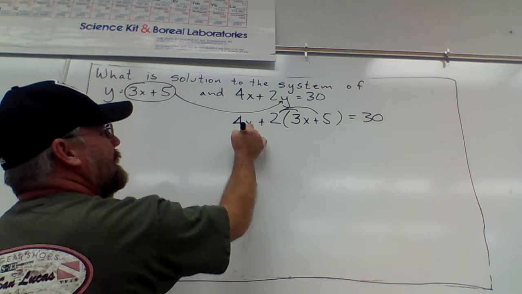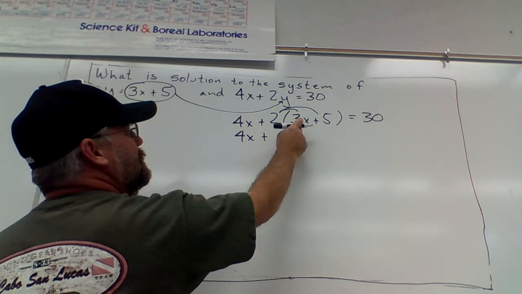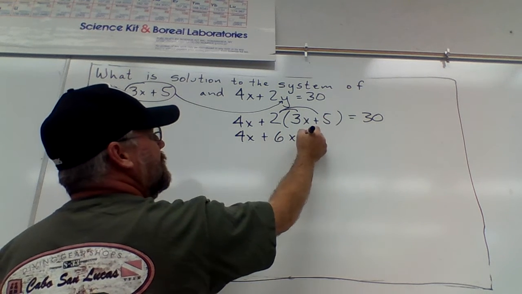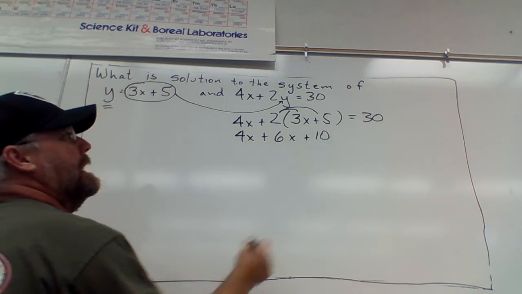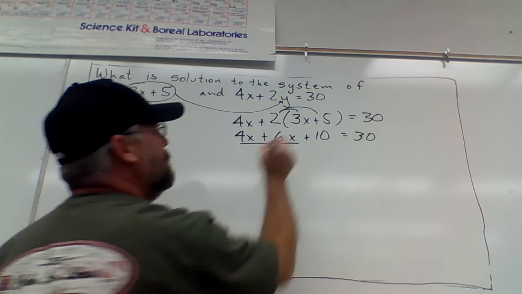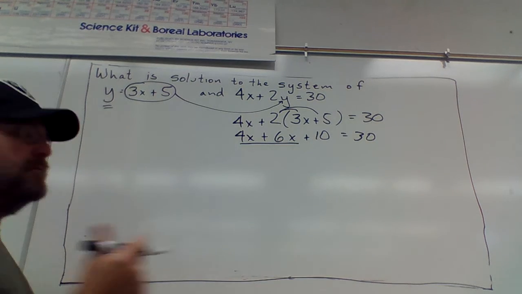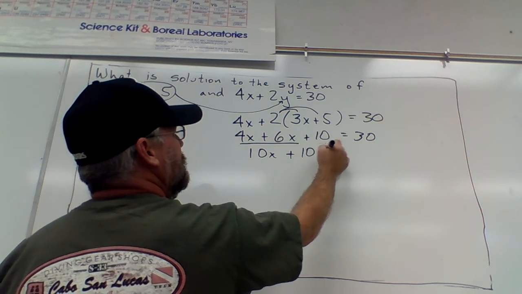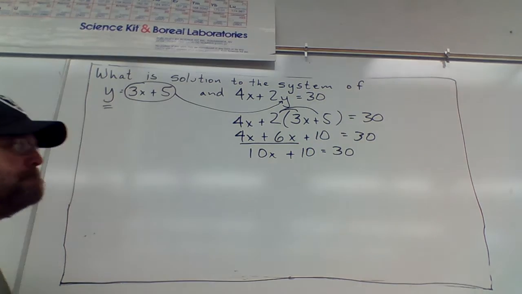So I still have the 4x. 2 times 3x is 6x. 2 times 5 is 10. And then I still have that 30. I want to combine my like terms. So 4x and 6x is 10x plus 10 equals 30.